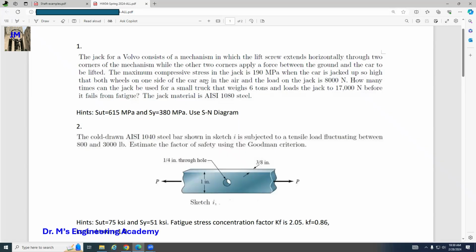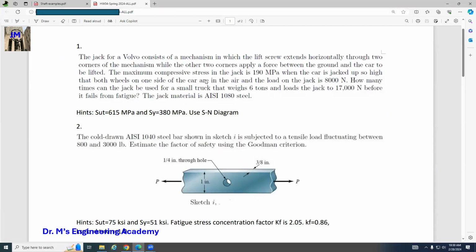Now this time, this is sigma m, the mean, and sigma a, the alternating. This is sigma maximum minus sigma minimum. So here is sigma maximum plus sigma minimum.